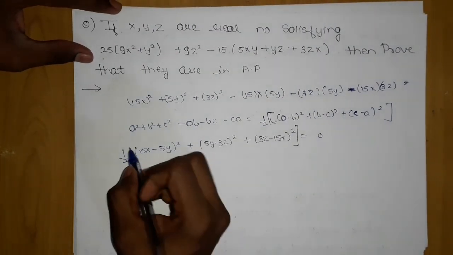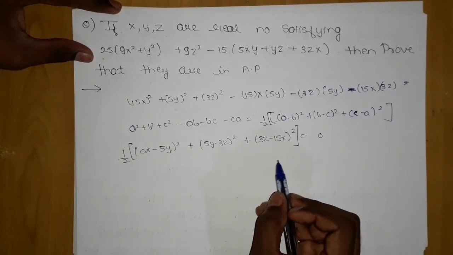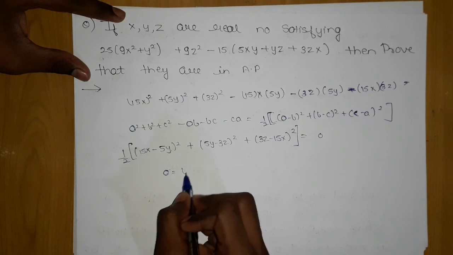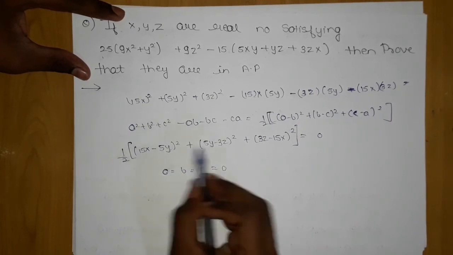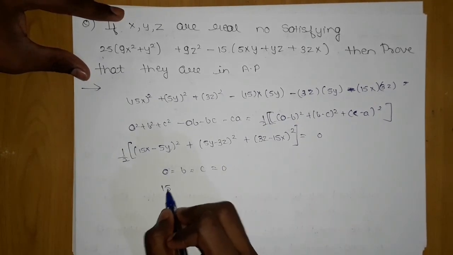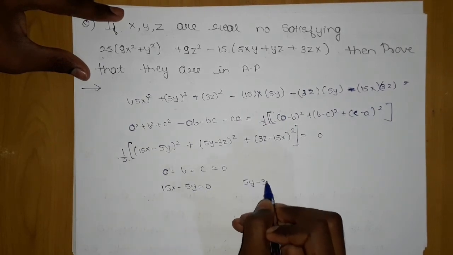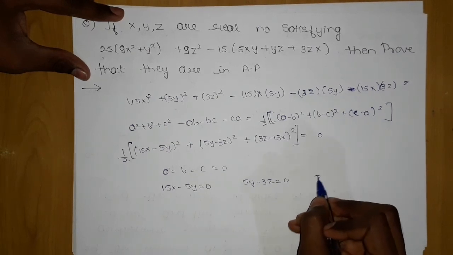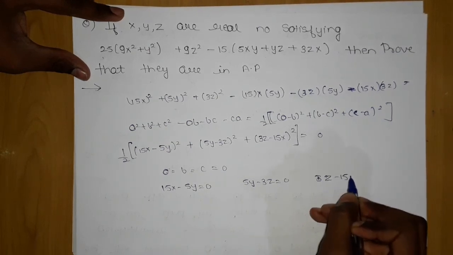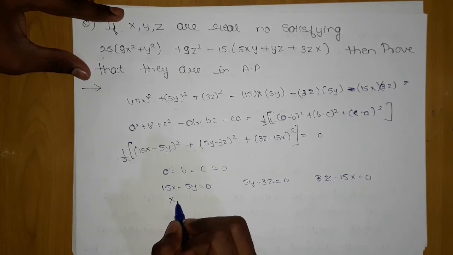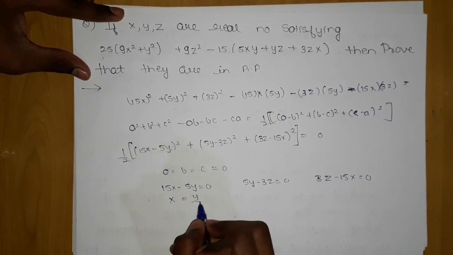Now the sum of squares of three terms can only be equal to 0 if a is equal to b is equal to c is equal to 0. If I take it as a, b, c, this gives me 15x minus 5y should be equal to 0, 5y minus 3z should be equal to 0, 3z minus 15x should be equal to 0, which gives me x is equal to y by 3.